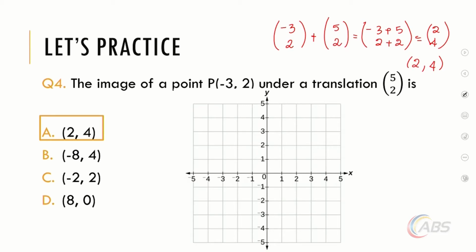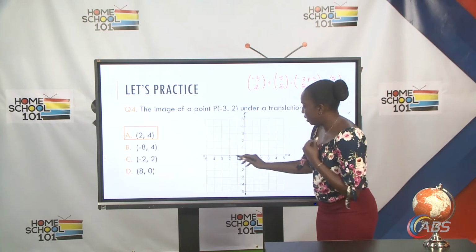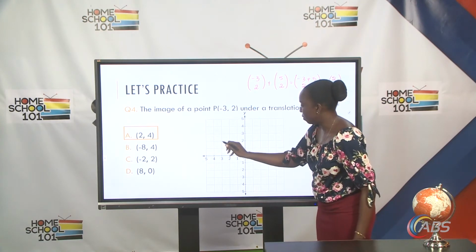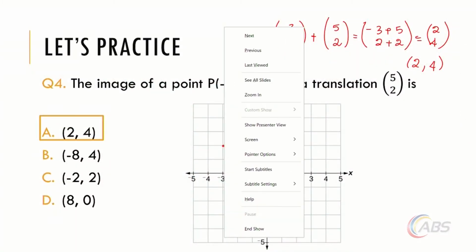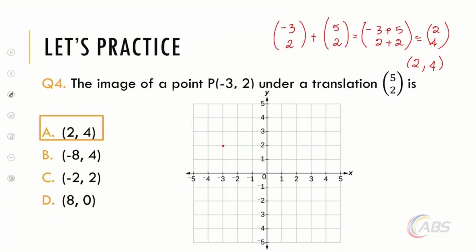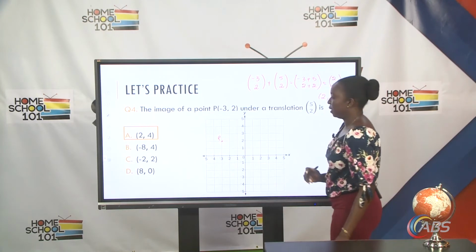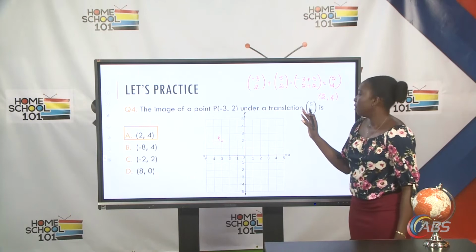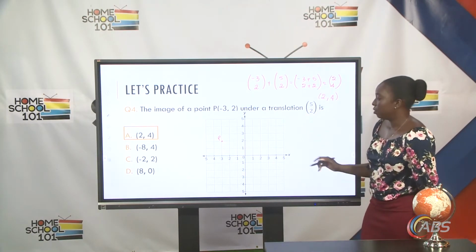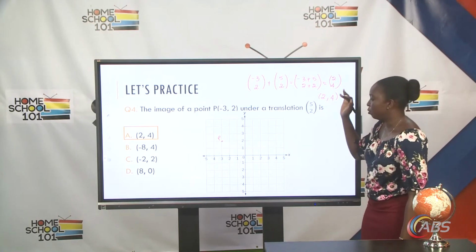So our point P is at -3, 2. Remember, -3, 2, so our point is going to be here. This is our point P. It says translate it under the translation 5, 2, which means I'm going to the right 5 places and up 2 places.